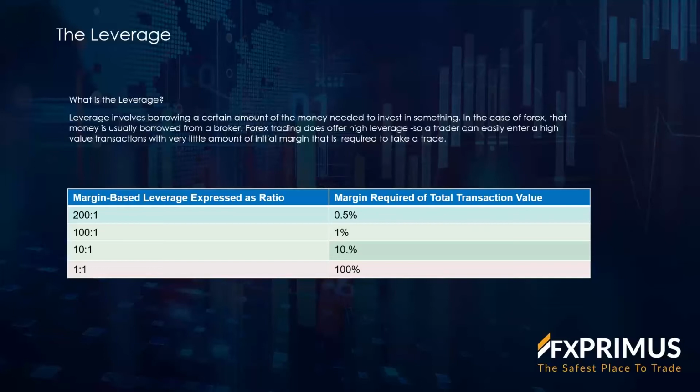So if we are getting a leverage of, let's say, 1:100, we're going to just invest an equivalent of 1% of the transaction value that we're entering into the market on a particular financial instrument, by taking a position of 100 and just using $1 of the margin required to enter a particular market transaction. So this is an understanding of leverage.